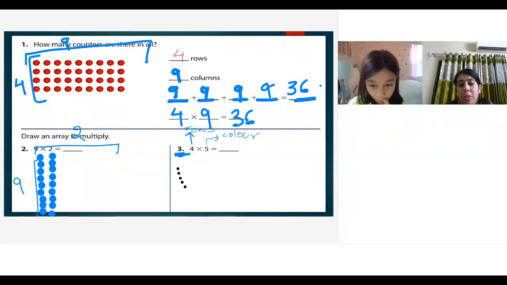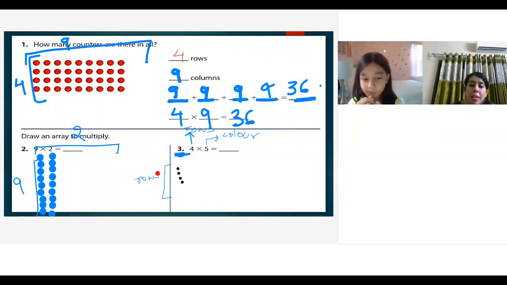And no, you are going the wrong way. See, these are rows. So that means rows are 4 and columns are 5. Yes, right?